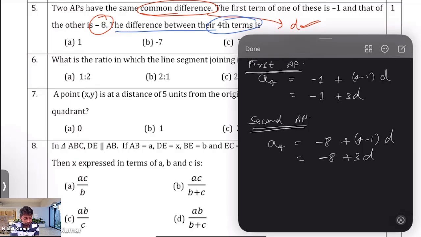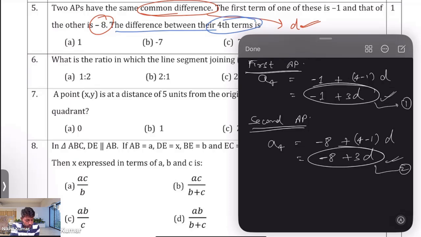That means this thing minus this thing. Now this is important. If you're figuring out the difference between the first and the second, it has to be 1 minus 2. So this one minus this one, which would be minus 1 plus 3d, minus the second expression, which is minus 8 plus 3d.